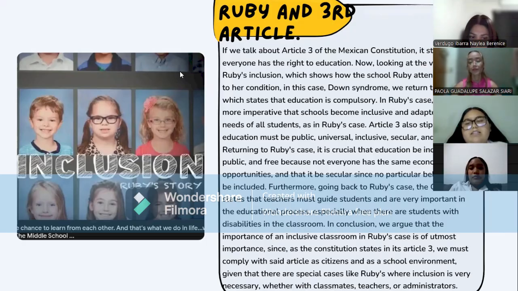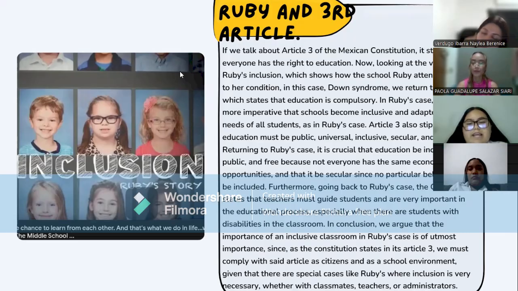In Ruby's case, it is even more imperative that a school become inclusive and adapted to the needs of a student. Article 3 also stipulates that education must be public, universal, inclusive, secular, and free.